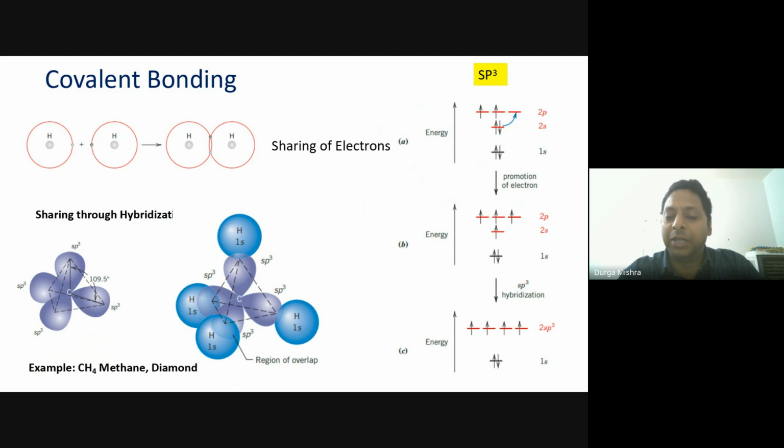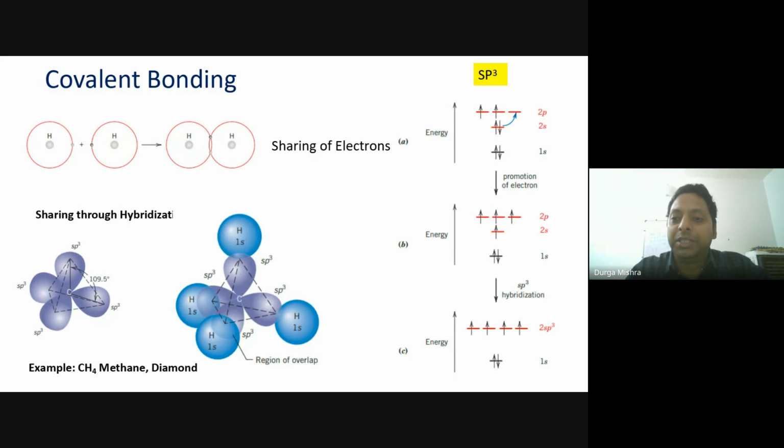So we have the carbon atom. If you look at the right hand side, you have 1s2, 2s2, 2p2, which means one of the p orbitals is empty. When the carbon atom wants to form a bond, it undergoes sp3 hybridization, which leads to the formation of four sp3 hybridized orbitals.